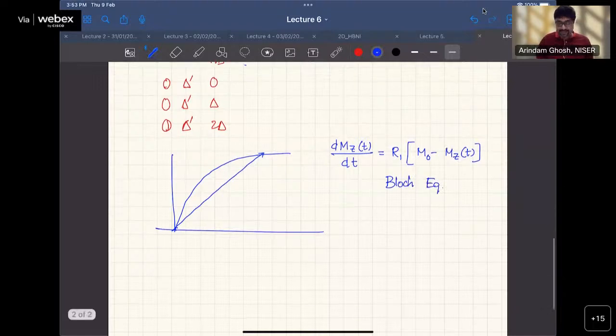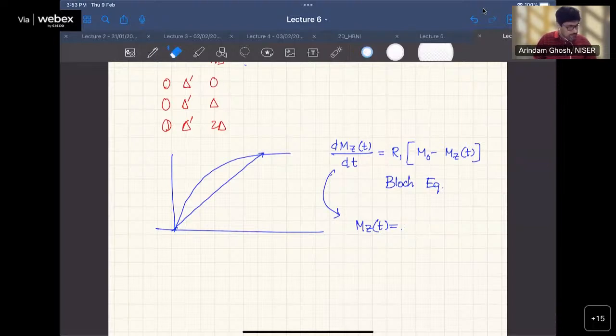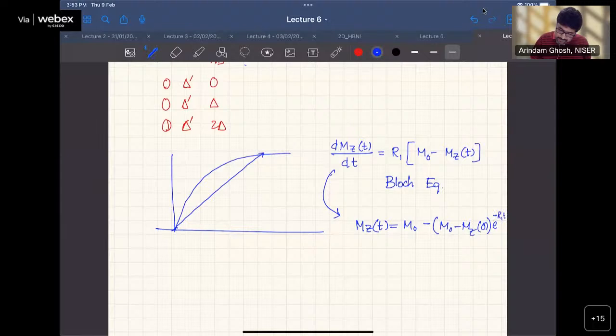If you solve this, Mz(t) as a function of t comes out to be M naught minus (M naught minus Mz(0)) e to the power minus R1 t.